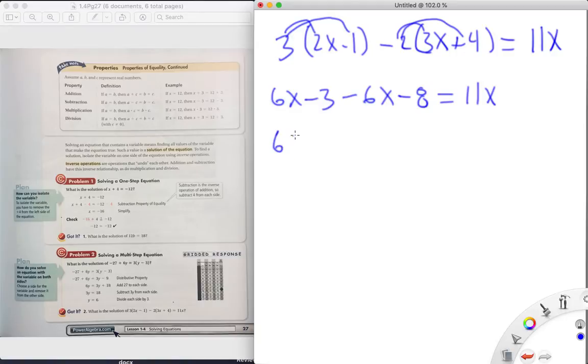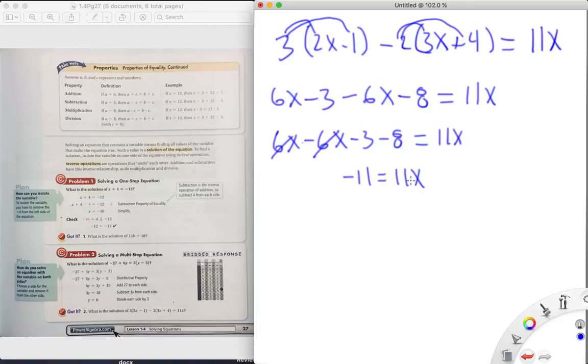So I'm going to have 6x minus 6x minus 3 minus 8. That equals 11x. 6x minus 6x is 0, so these guys cancel out. Negative 3 minus 8 is negative 11. So I have negative 11 equals 11x.